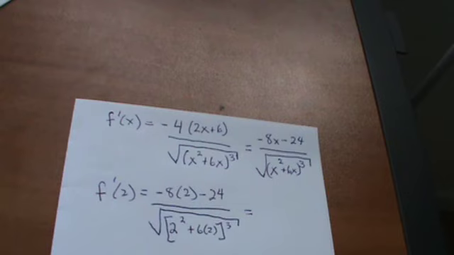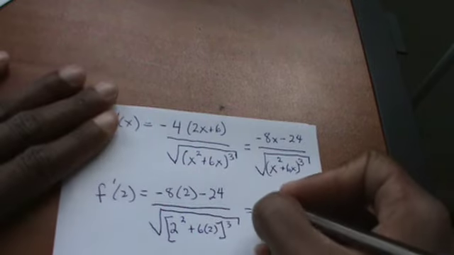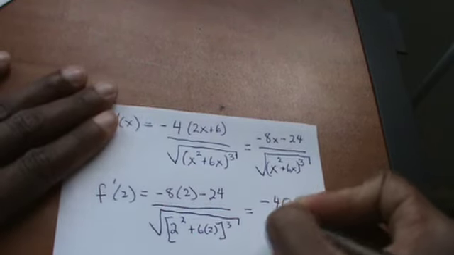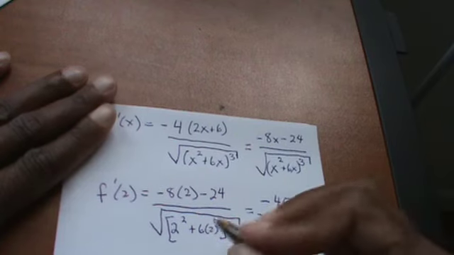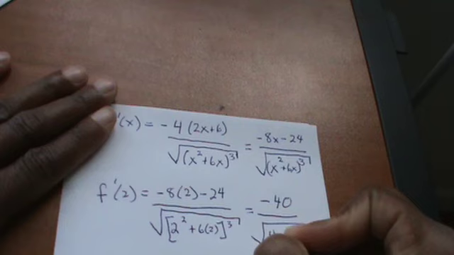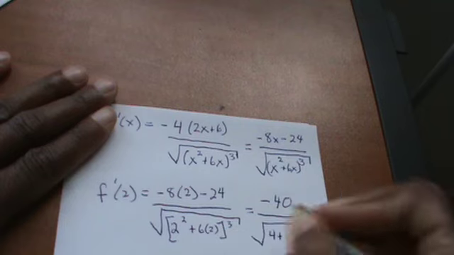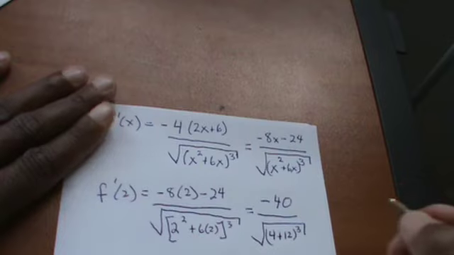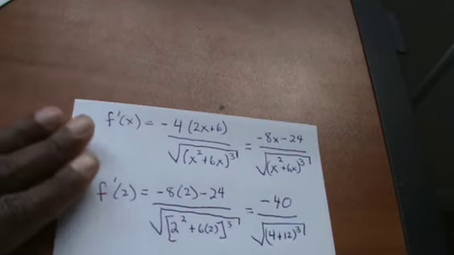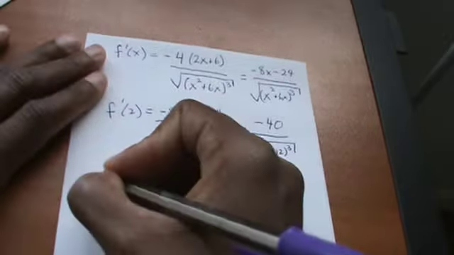So let's see, negative 16 minus 24. Okay, that'll give me negative 40 in the numerator. And in my denominator, I get the square root of, let's see, 2 squared is 4 plus 12, that quantity cubed. All right, so let's keep going.